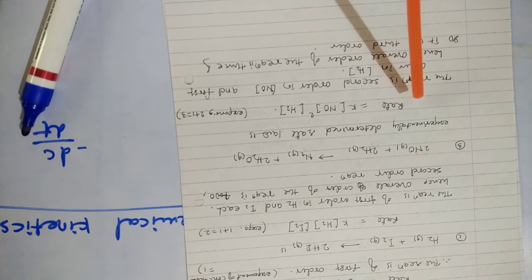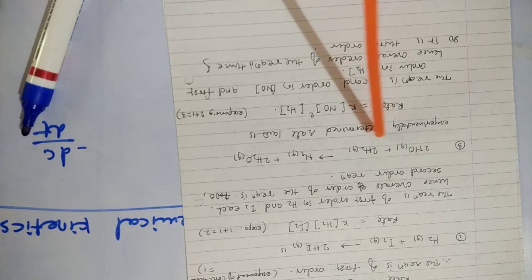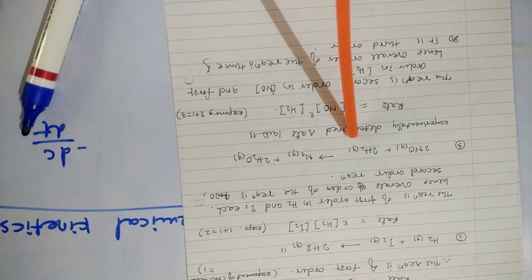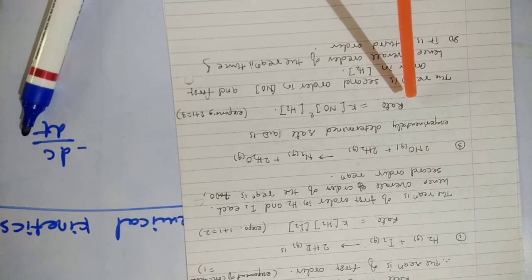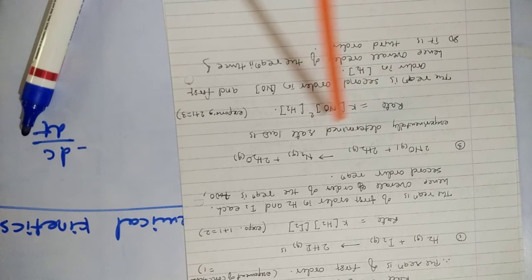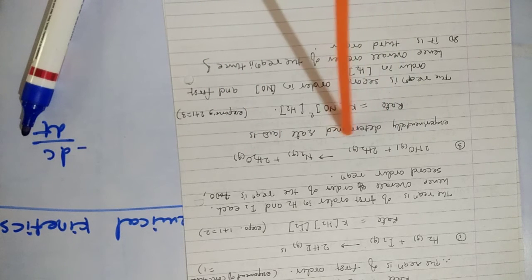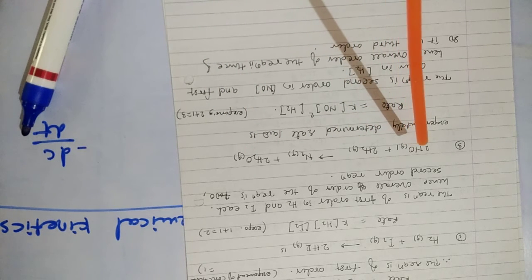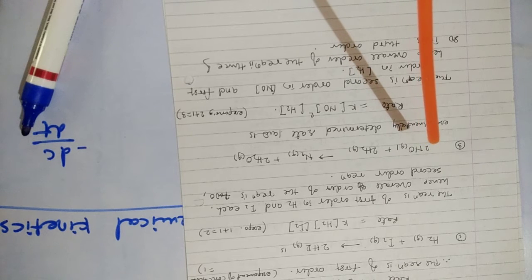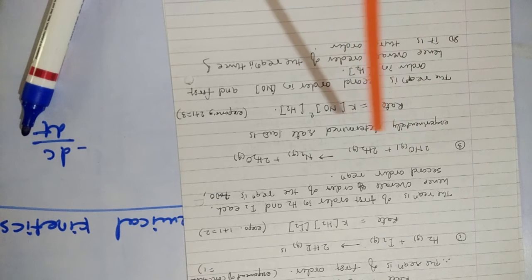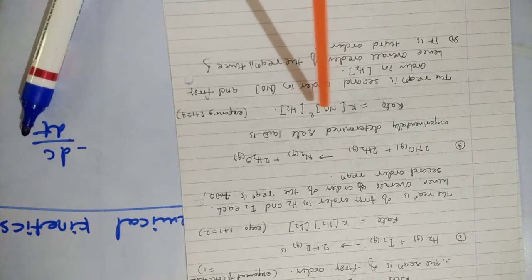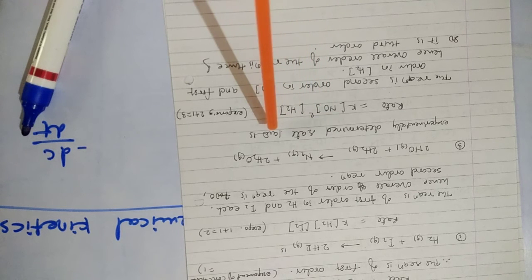Now the next example: 2NO reacts with 2H2 to give N2 plus 2H2O. In this example, particularly, you see how in rate law writing the coefficients may or may not be equal to the powers of the concentration terms in the rate law.